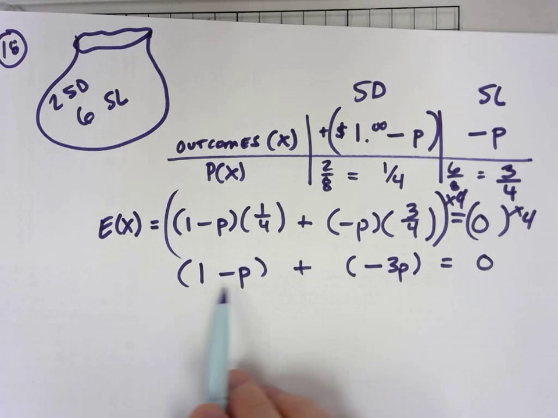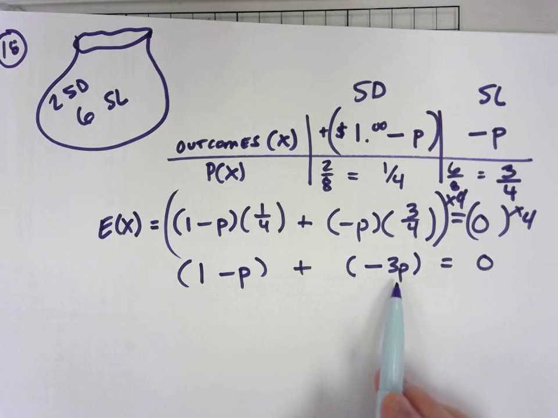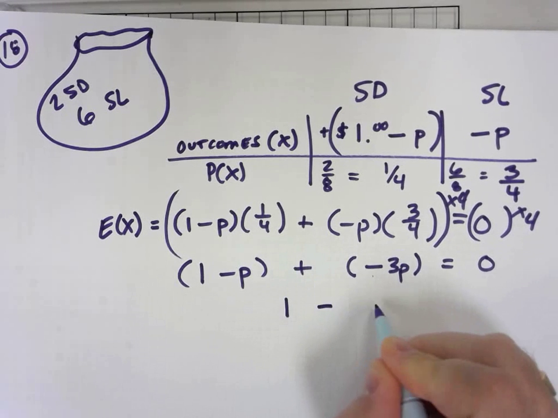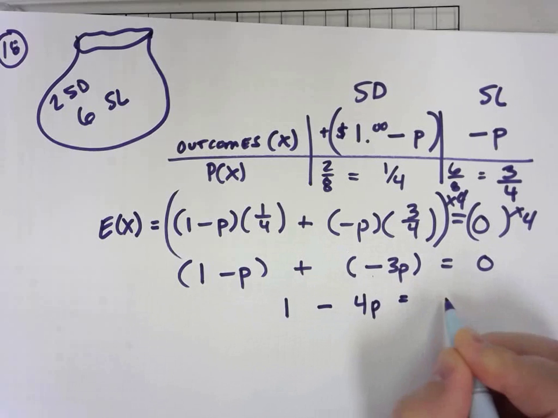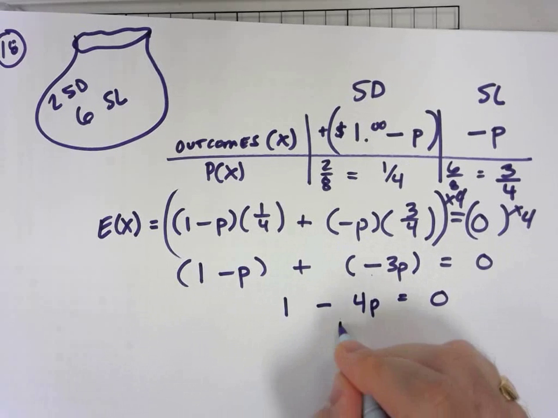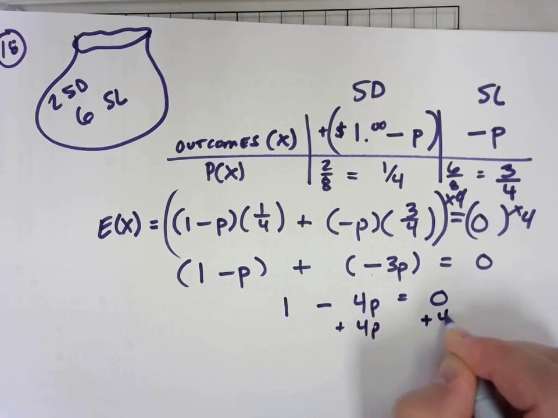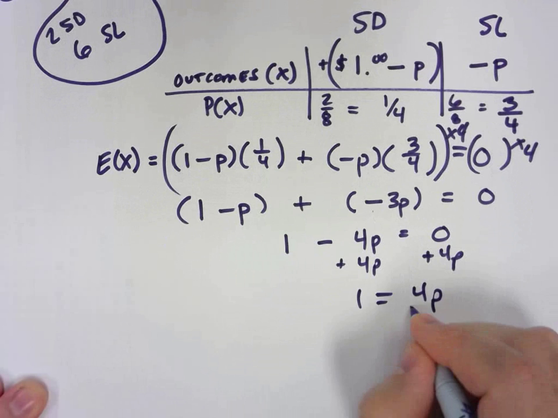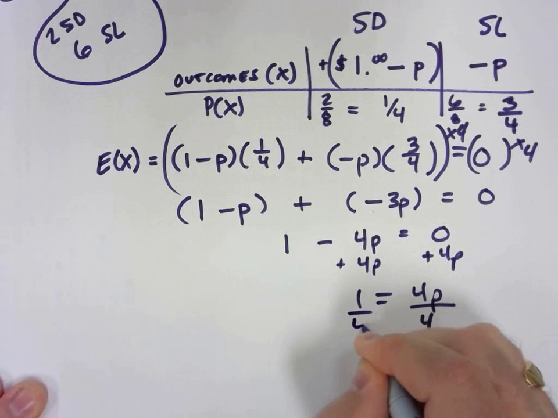So what do I get here? I get 1 minus p plus negative 3p. That's 1 minus 4p is equal to 0. If you add 4p to both sides, you end up with 1 equals 4p. And then you just divide by 4.